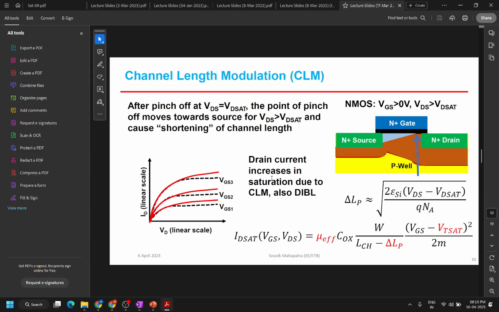So what that causes is, instead of saturation, you will have an increasing current because your channel length is shortening. So it becomes L minus delta L. So the ID value will keep increasing.